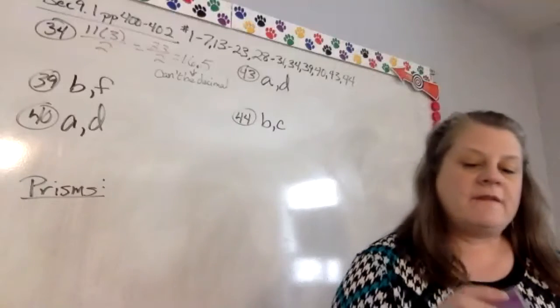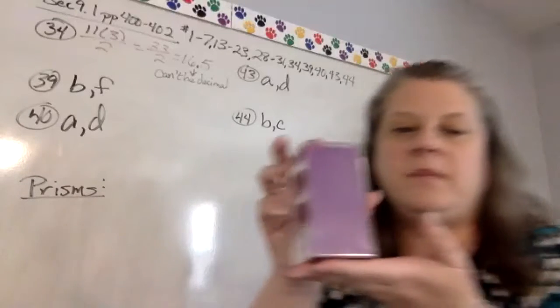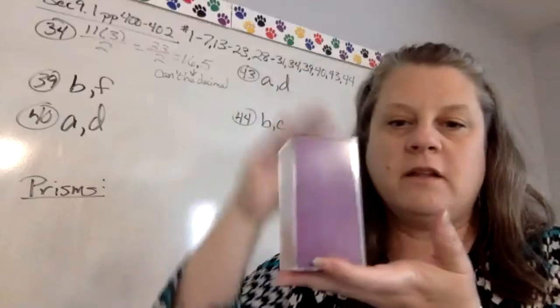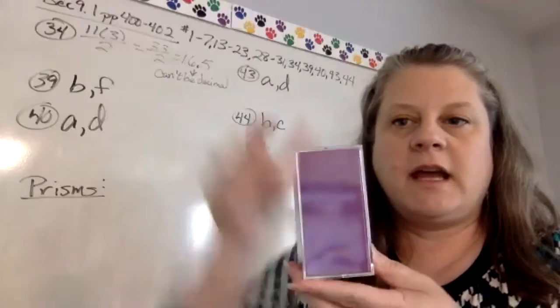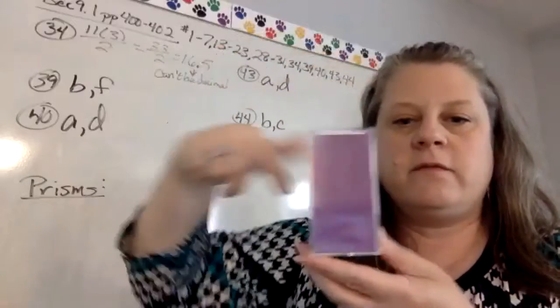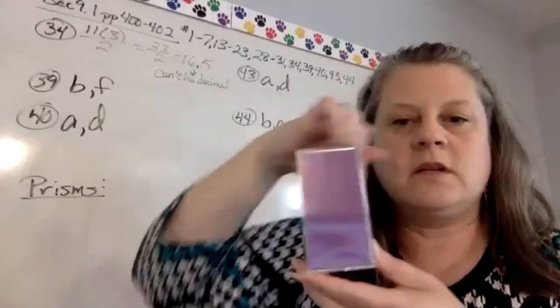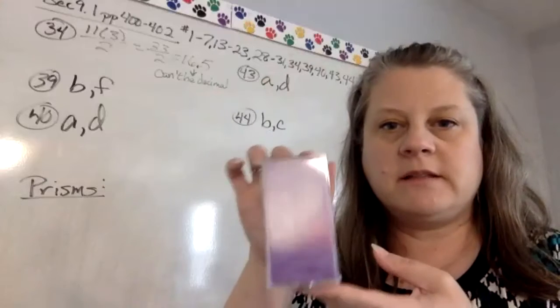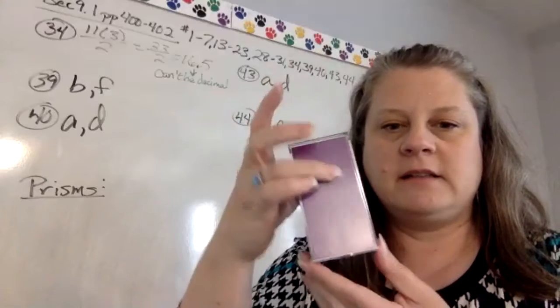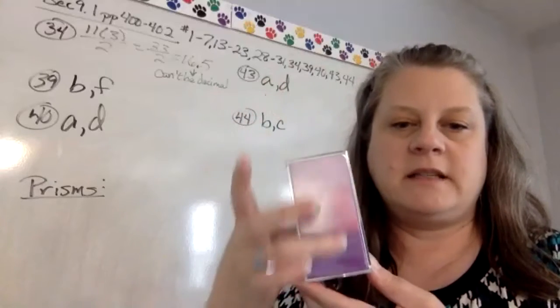So if I am talking about the volume, I'm trying to fill this container up on the inside. If I'm talking about lateral area, I'm talking about the area of the rectangles going around connecting the 2 bases together. It doesn't include the 2 bases. The lateral area is the sides area, the sides connecting the bases.